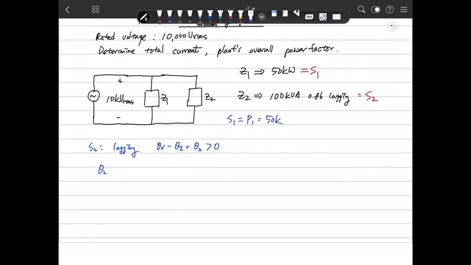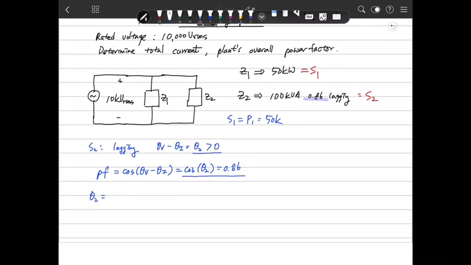Because the power factor is 0.86, that means the power factor is determined by cosine of theta V minus theta I, that is cosine theta 2, which is 0.86, and theta 2 is positive.